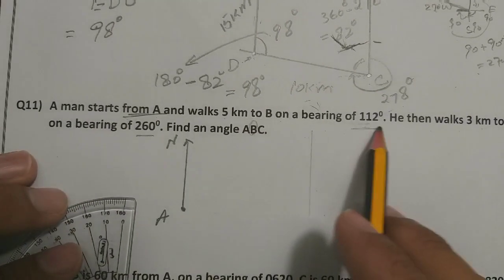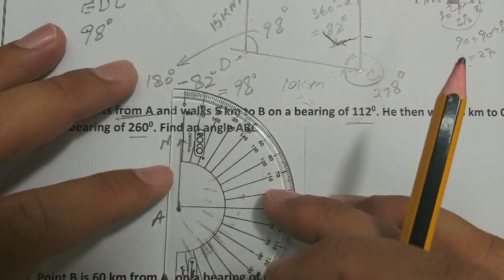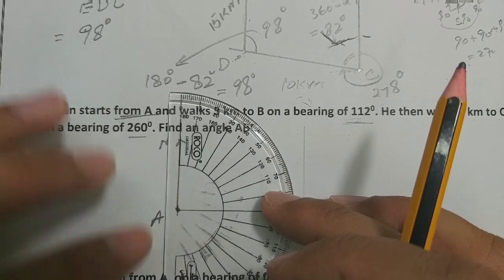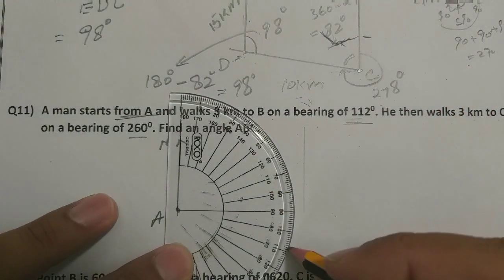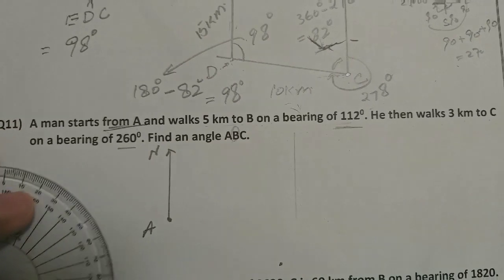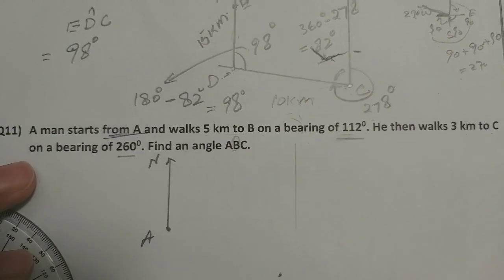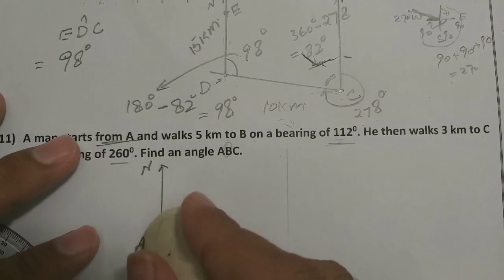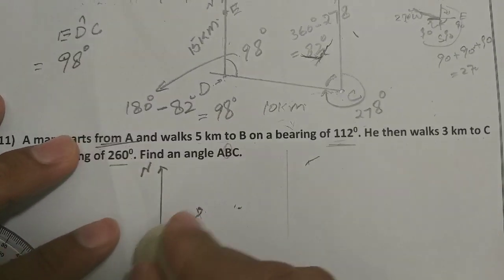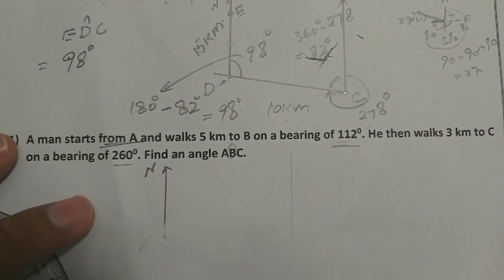The direction is 112 degrees. So move from here 112. This is 110, and it's approximately 1 and 2. This is the second unit. Let me make this line a little bit shorter, because the space for this question is too small.